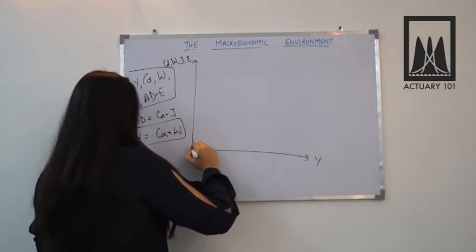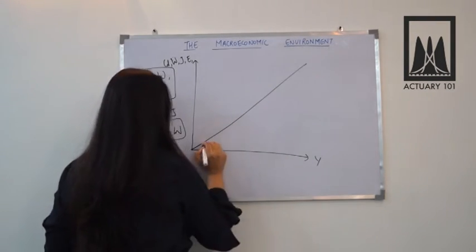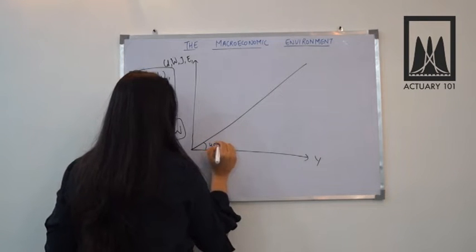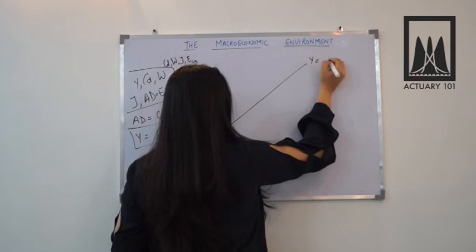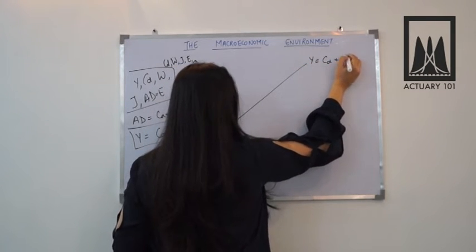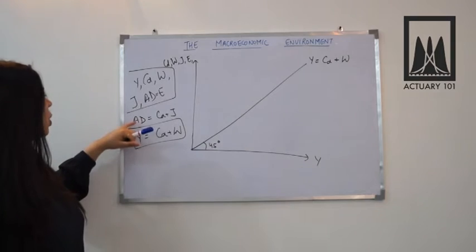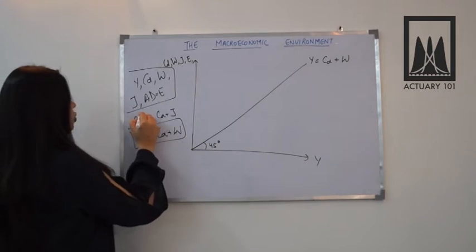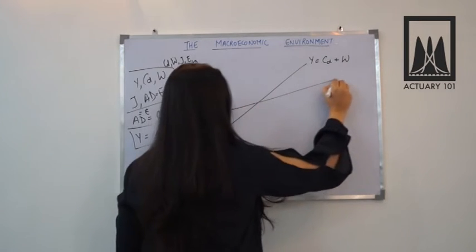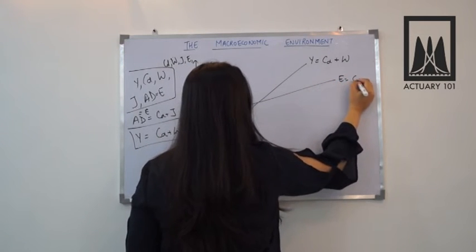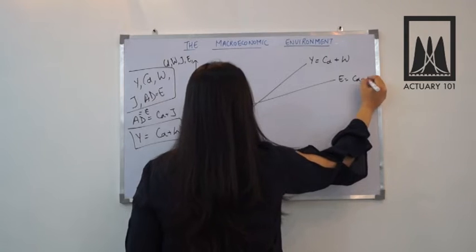So what will the curve be? It will be something like this, a 45-degree line. So we can say this is Y equal to CD plus W. Now plotting this curve, which is also my E, it will be something like this. E is equal to CD plus J.